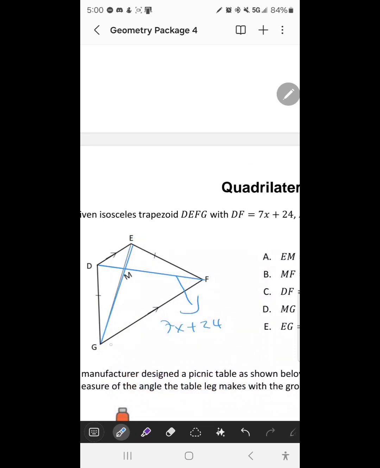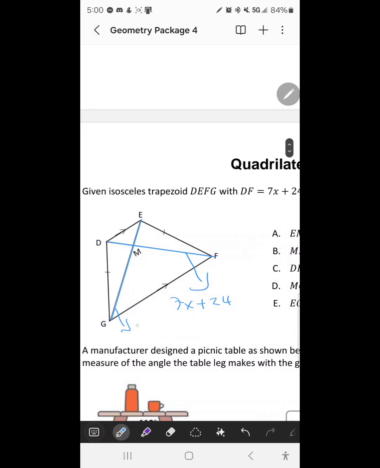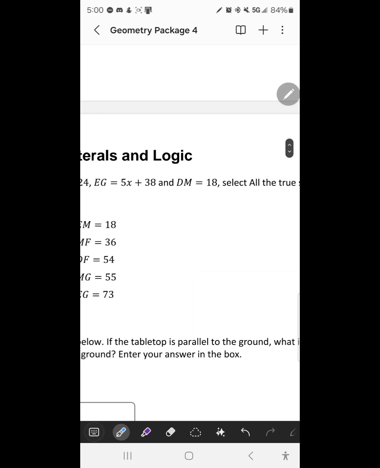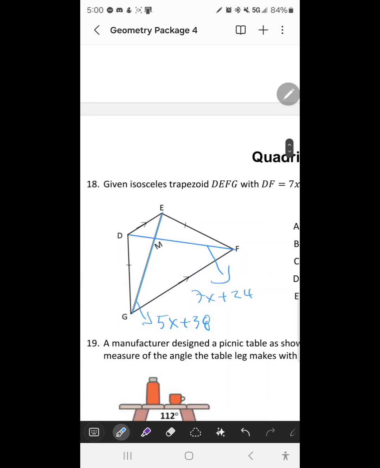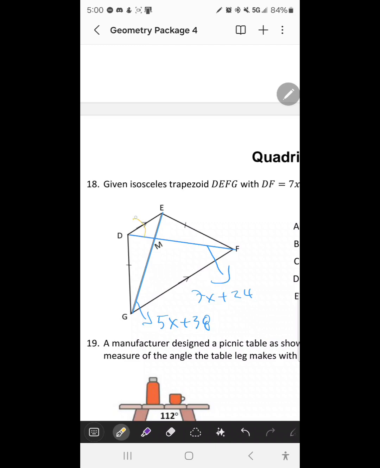I'm just gonna use the same color. Try to make it straight. EG equals 5x plus 38. And DM equals 18.